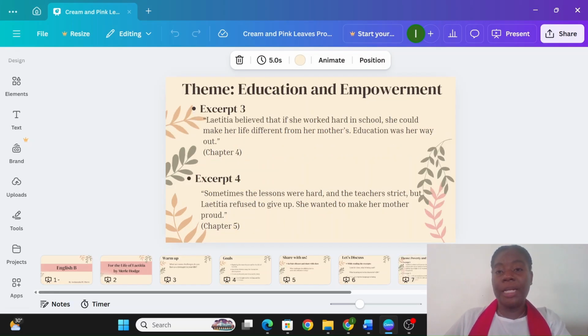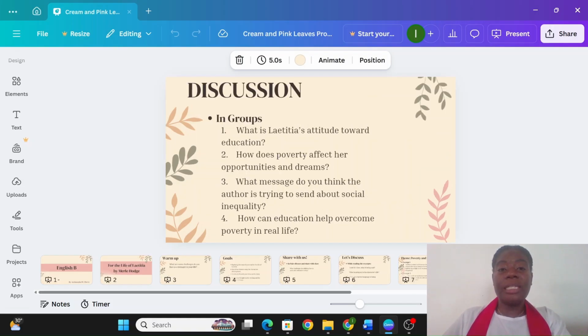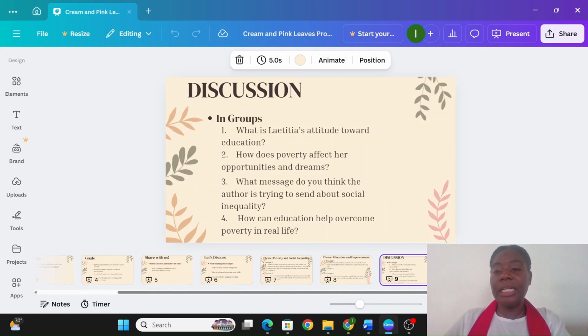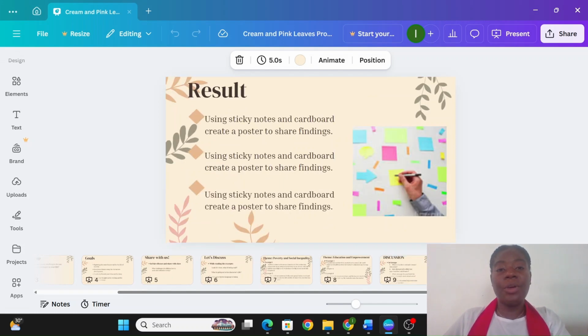And here are some for education and empowerment. So there's a discussion, there's group activities, you have your results where your students will share what they would have come across, what they would have learned, what they would have observed as they went through the theme of the story, the novel, For the Life of Letitia.